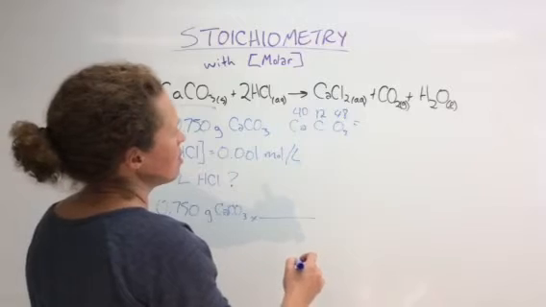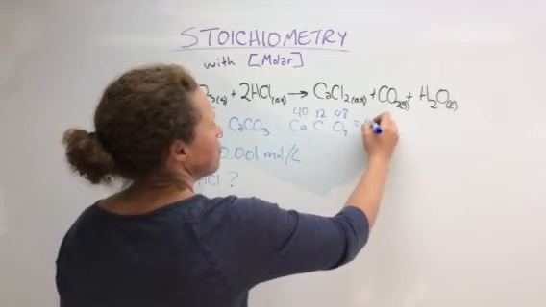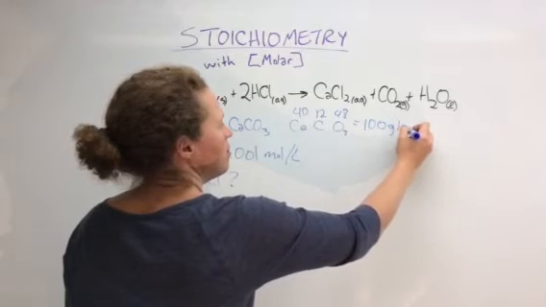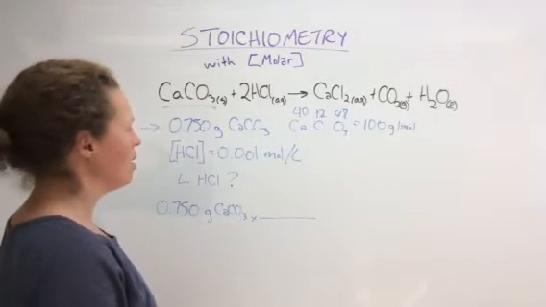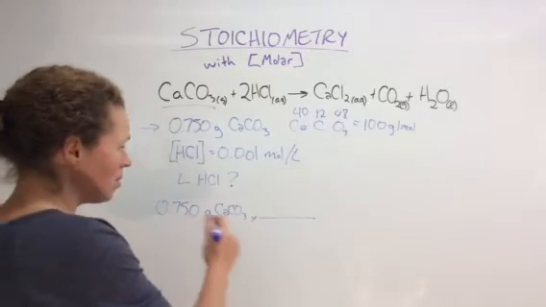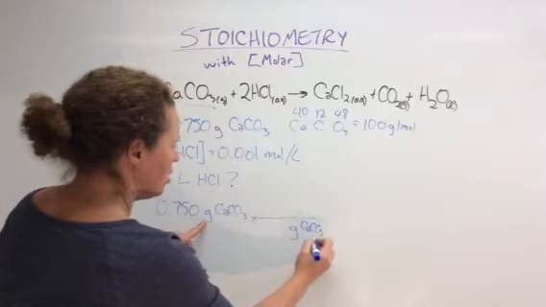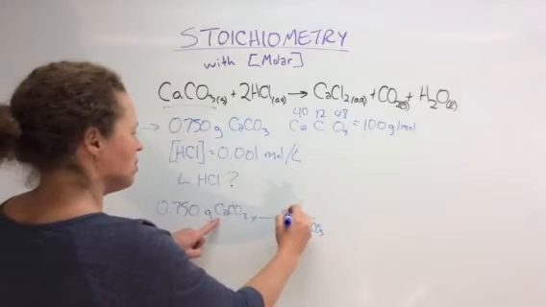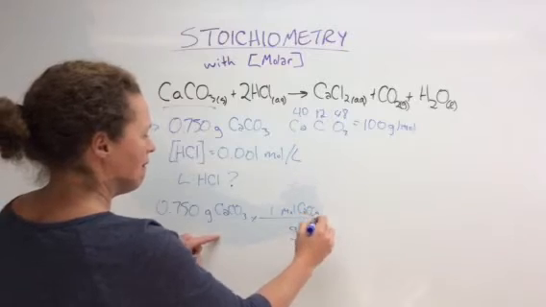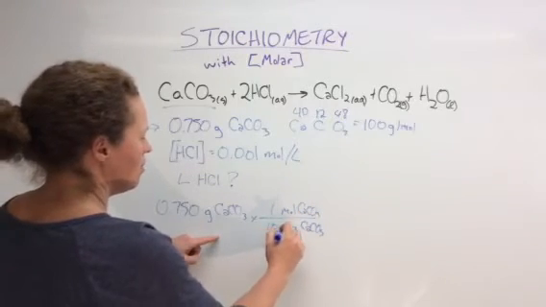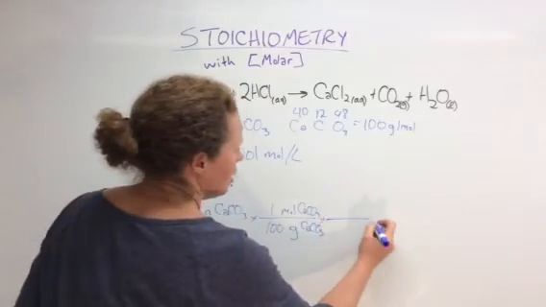So this whole thing is going to give us, oh really? It's fun, 100. 100 grams per mole. Am I wrong? It seems too neat and tidy, but it is. Okay, so then we're going to put the grams of calcium carbonate on the bottom, and the moles on the top. 1 mole of calcium carbonate is 100 grams. Perfect.